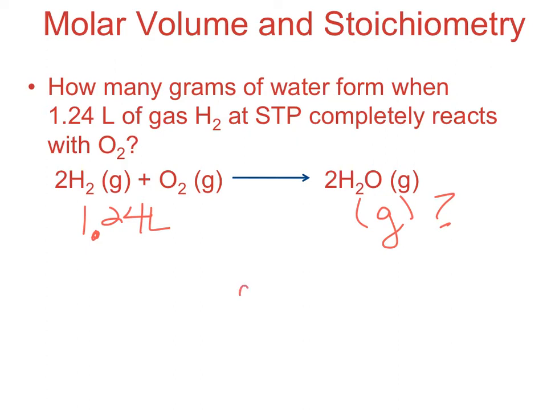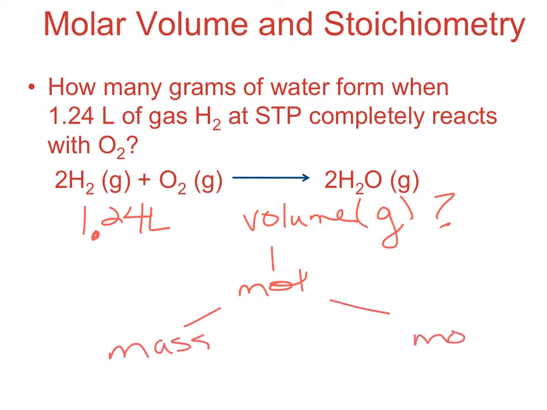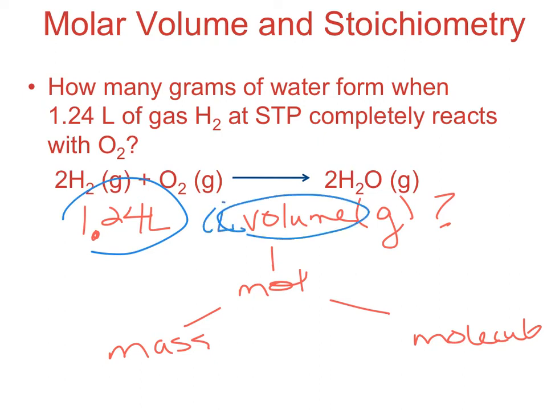So if you remember the mole map I just showed you, we are starting at liters, so we're starting up here, volume with liters, and we're trying to get to mass.